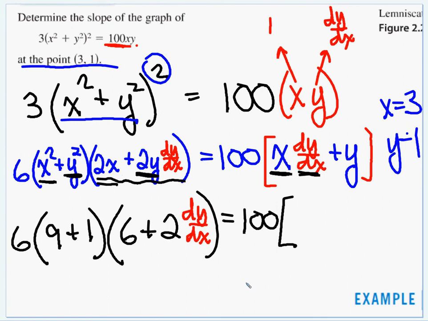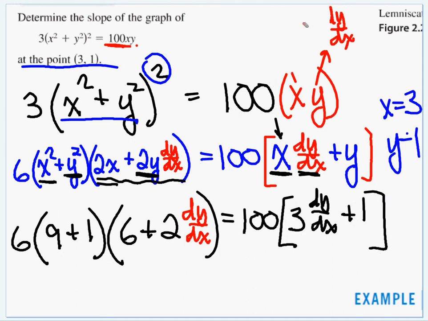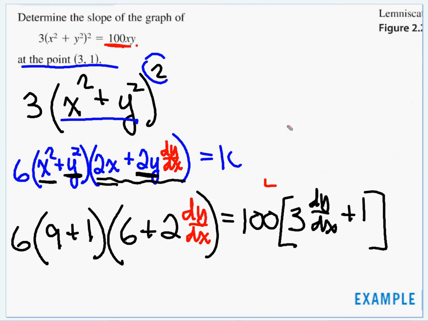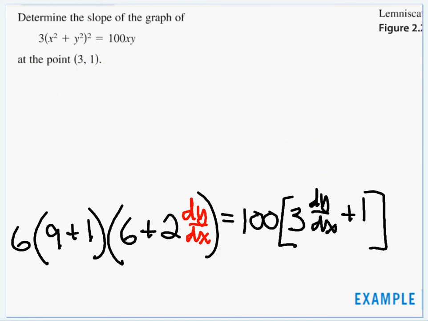If we back up to here when we were first plugging in the point (3, 1), you were probably screaming at your computer, I never put in a 3 for that x. So that should have been a 3 dy dx plus y is 1. And there we go. Hopefully that is going to fix it up here.